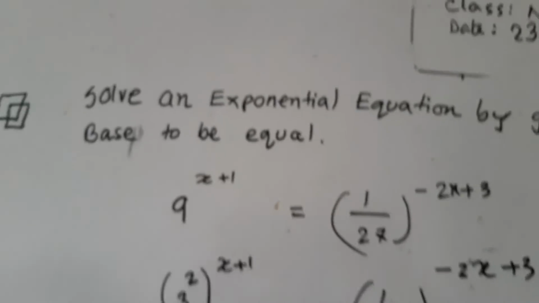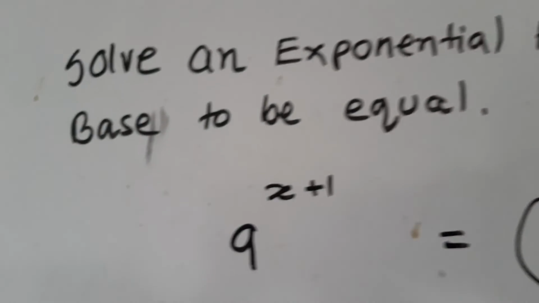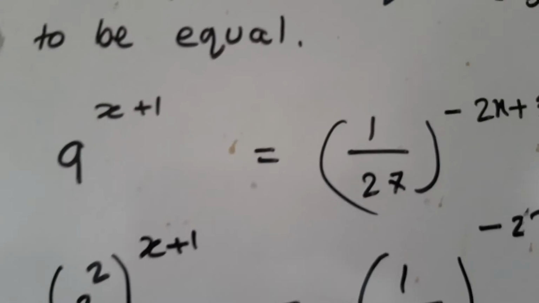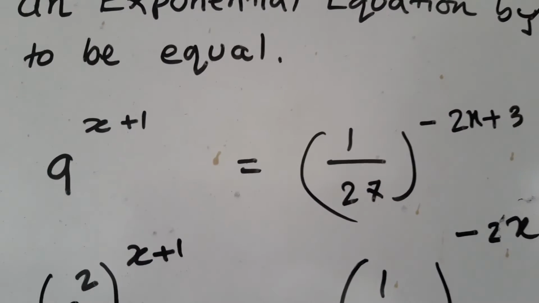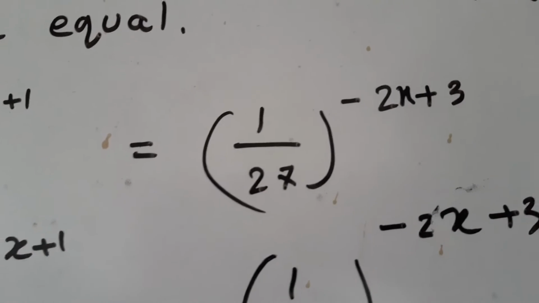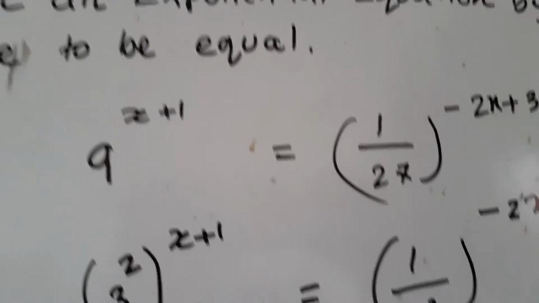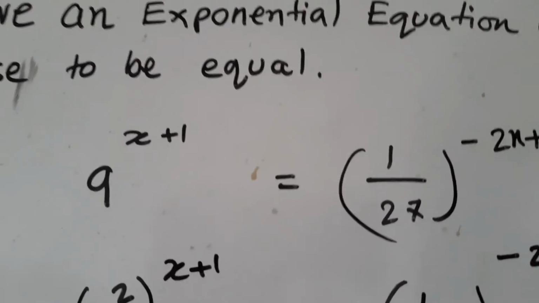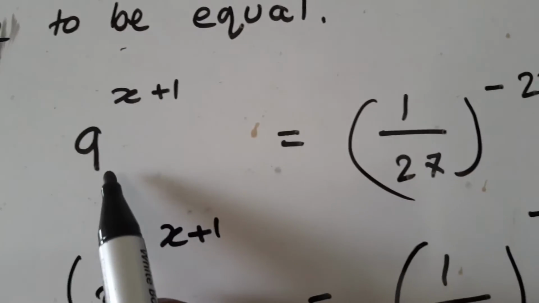So let's start solving an equation, that is, solve an exponential equation by getting base to be equal. This is the math. You see here we have 9 to the power x plus 1 is equal to 1 by 27 whole to the power minus x plus 3. So here you see that we have to make the base equal. How can we make the base equal?